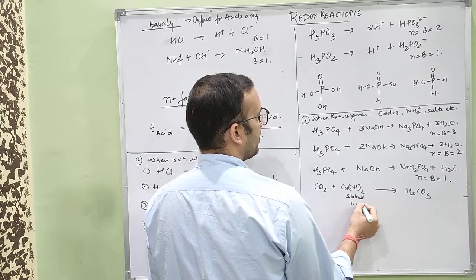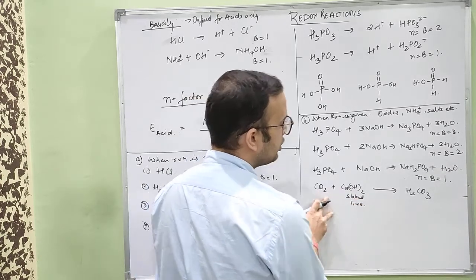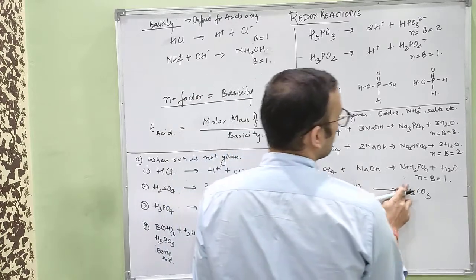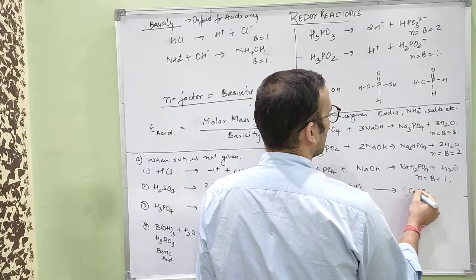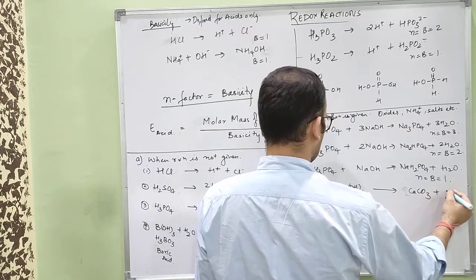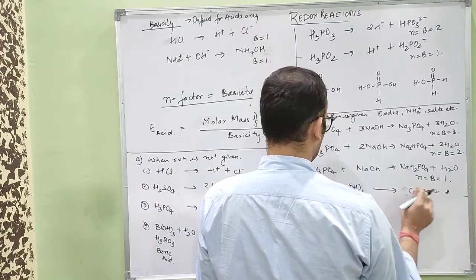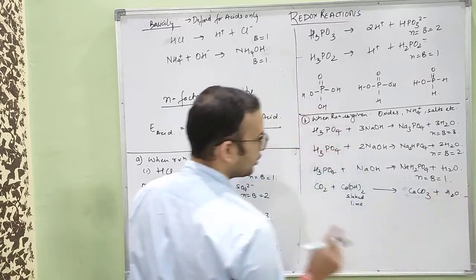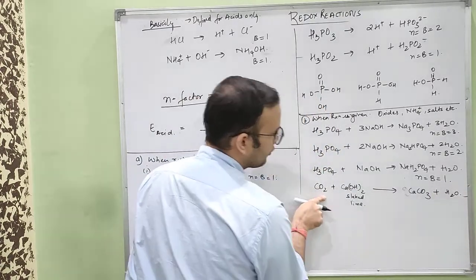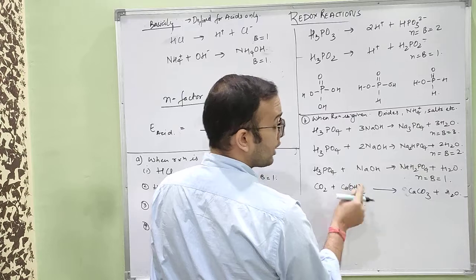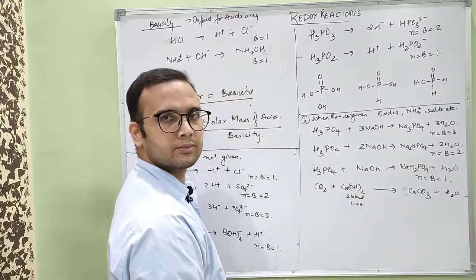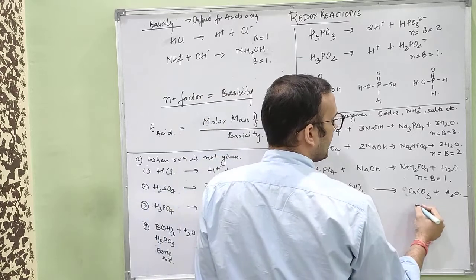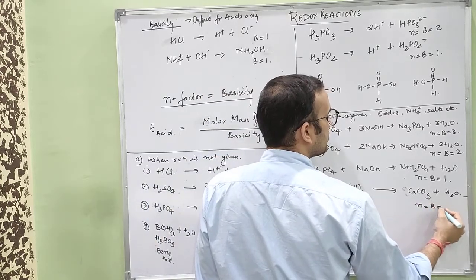If you pass CO2 through slaked lime, you always get CaCO3 plus H2O. So you can see that one molecule of CO2 has absorbed 2 OH ions. So here you can say that N equals B equals 2.